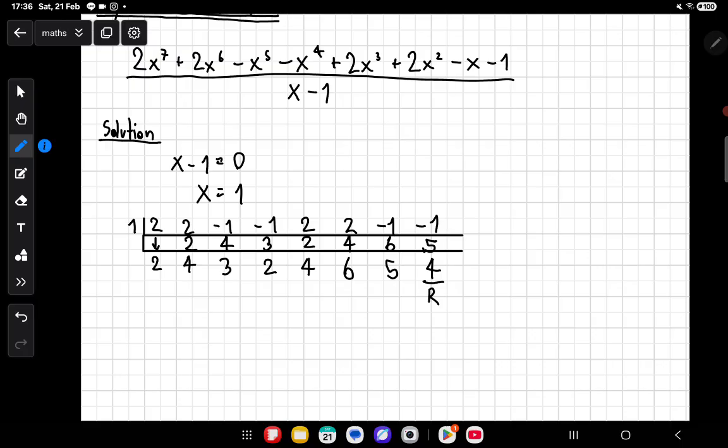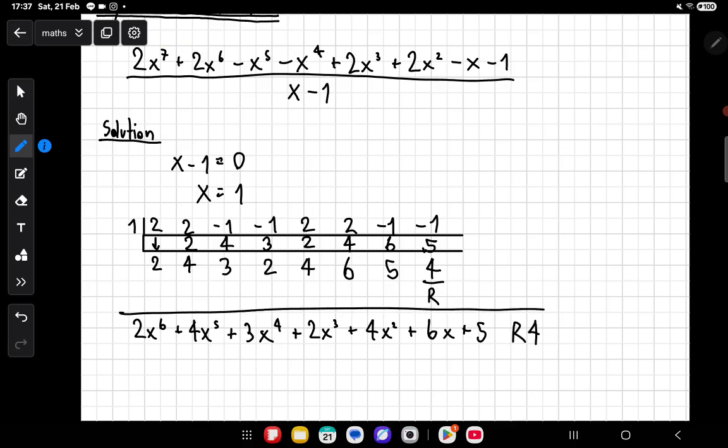And now it's 2x to the power of 6 plus 4x to the power of 5 plus 3x to the power of 4 plus 2x cubed plus 4x squared plus 6x plus 5 with a remainder of 4.